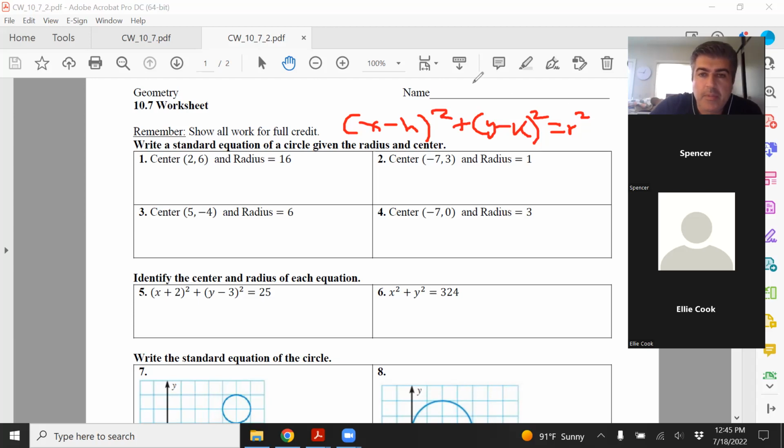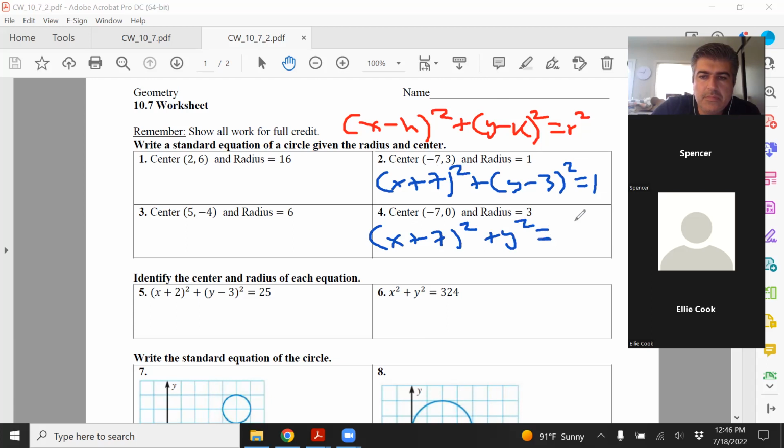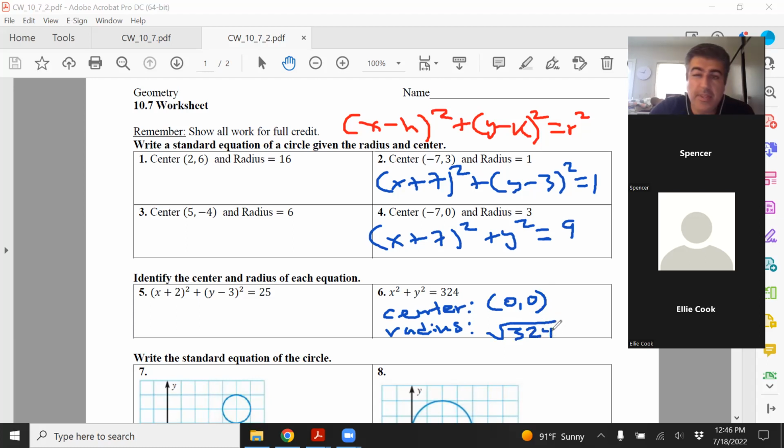Okay. We'll start putting the answers up. You don't have to simplify. Actually, that does simplify to 18, I believe.